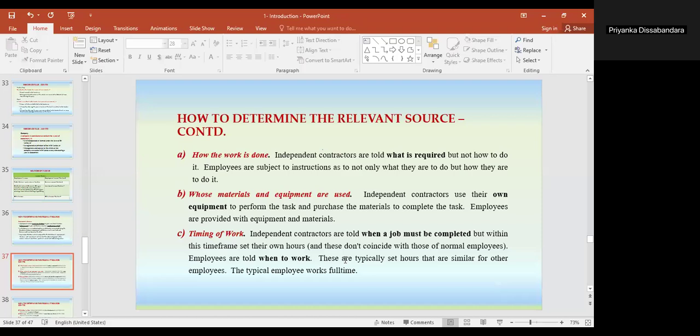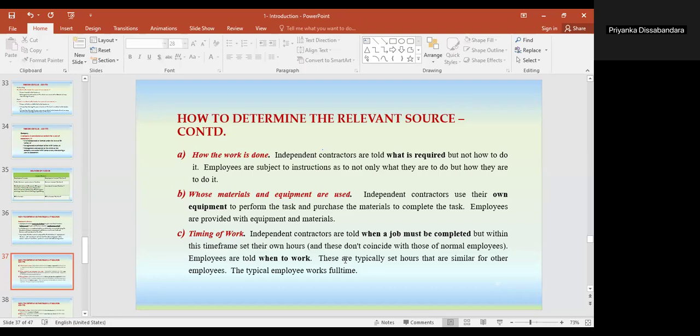Then the next one is whose materials and equipment are used. Now you are an employee of a company. Do you bring your laptops and your table, your chair, your file, your books, your pen, and half sheet and everything to your office to do that work? No, all are provided by them, the person who requests your service.